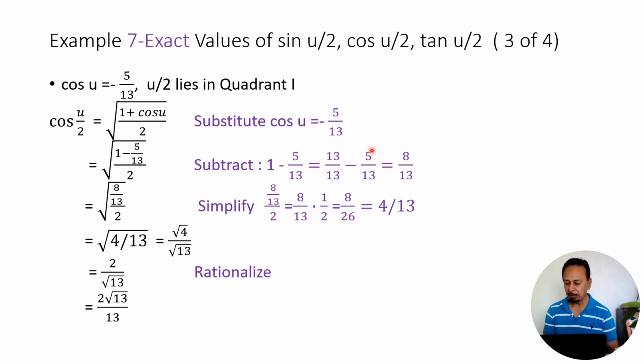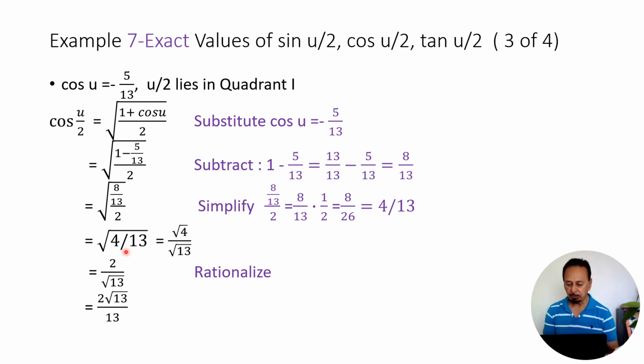So now we have 13 minus 5 is 8 over 13. And so this becomes equal to square root of 8 over 13 divided by 2. Now we simplify 8 over 13 times the reciprocal of 2, which is 1/2. So this becomes 8 times 1 is 8, 13 times 2 is 26. And we can divide by 2, you get 4 over 13.